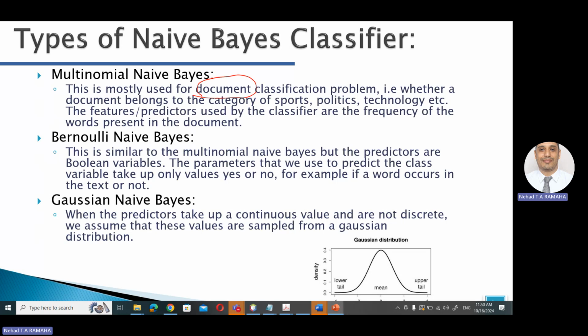We can classify which field a document belongs to, for example engineering or medical, depending on the frequency of the presence of the words in the document. We will take an example for this one.